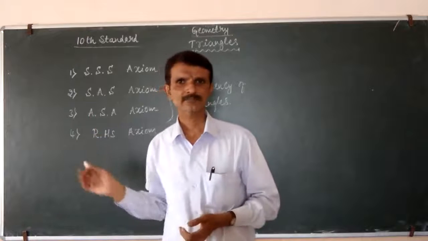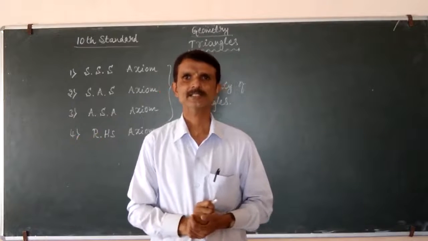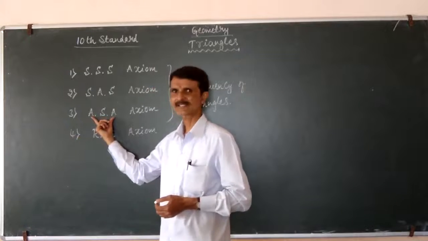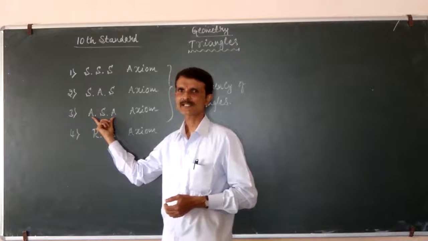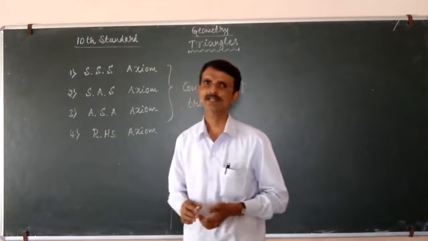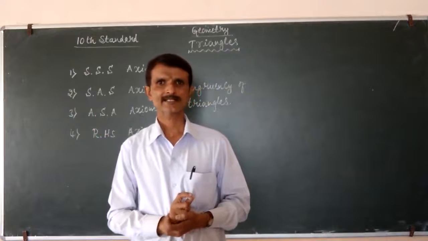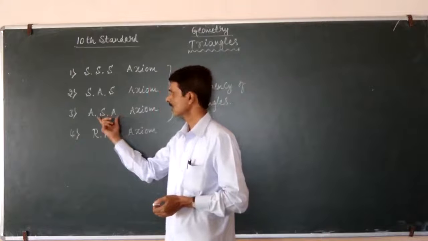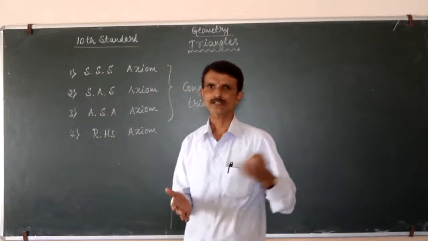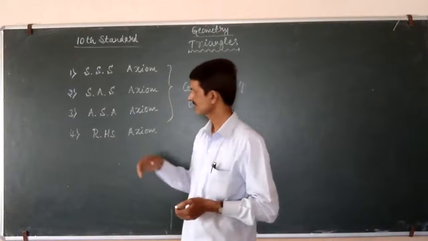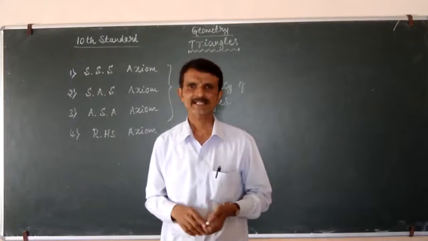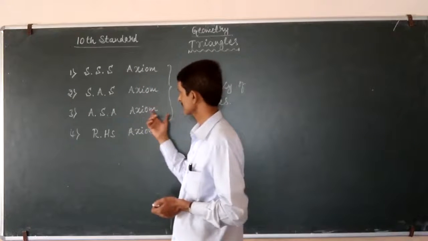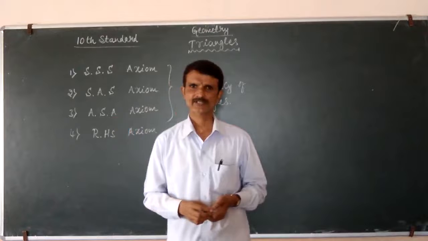According to that axiom statement, two angles and a side of one triangle are equal to the corresponding two angles and a corresponding side of another triangle, then those two triangles are said to be congruent.